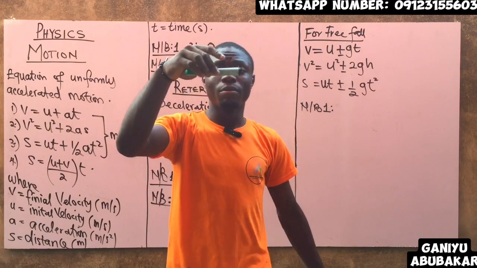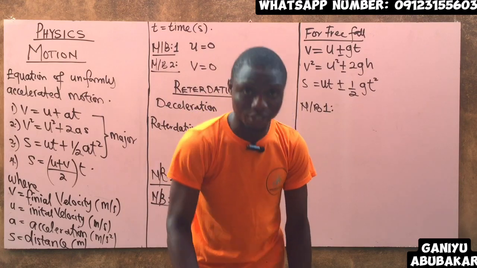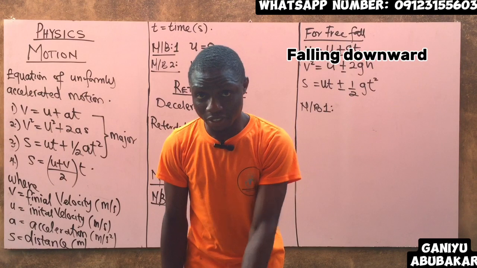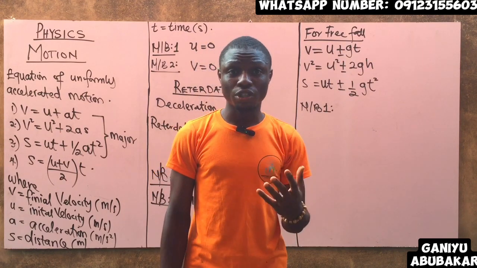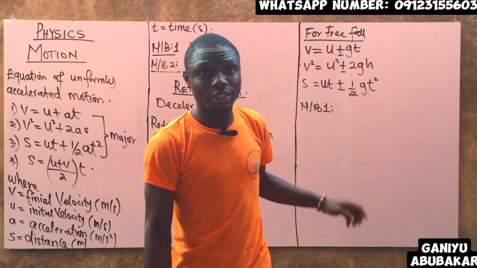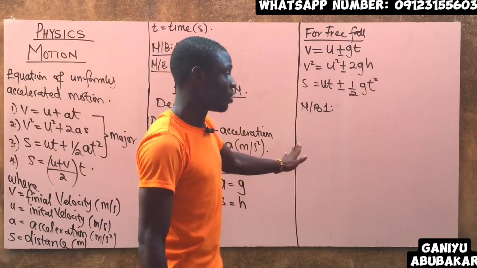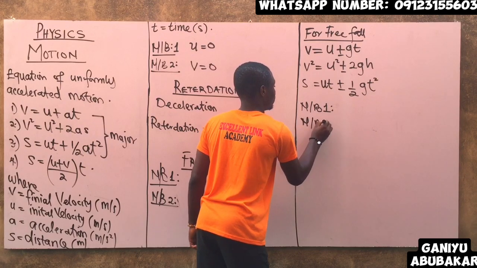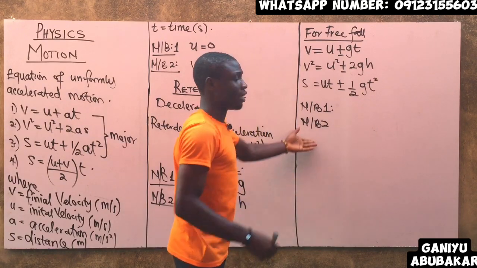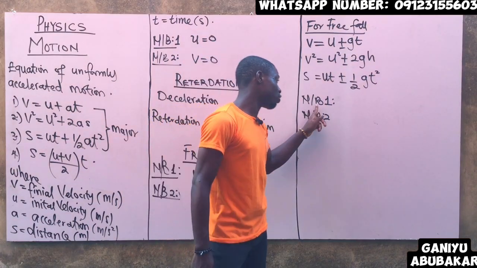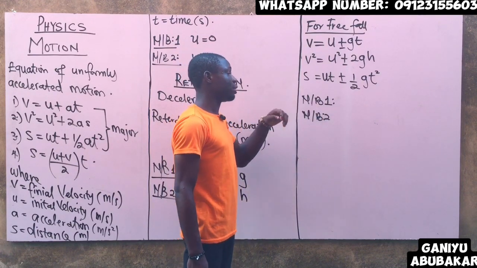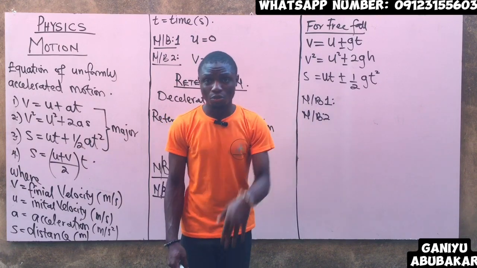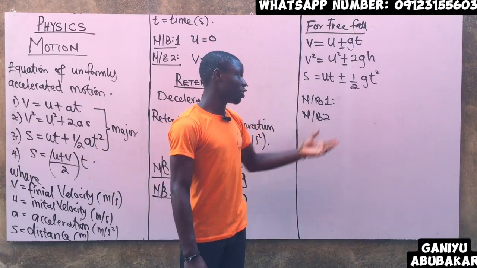Whenever a body is falling this way, it's a motion towards gravity, hence the positive sign is used. So note that number one. Number two: for case one, whenever a body is moving downward, falling, we said we use the positive sign.